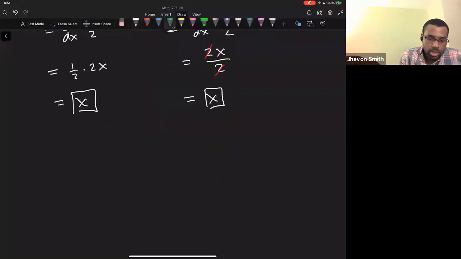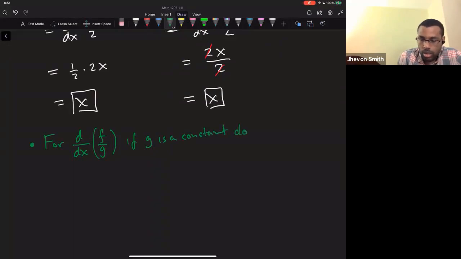And I would use this as a tip for the derivative of f over g. If g is a constant, do not use quotient rule.